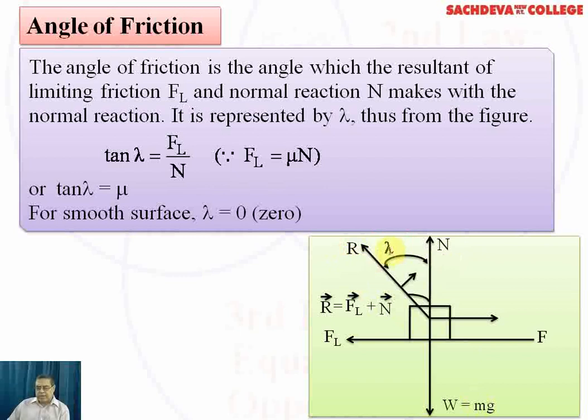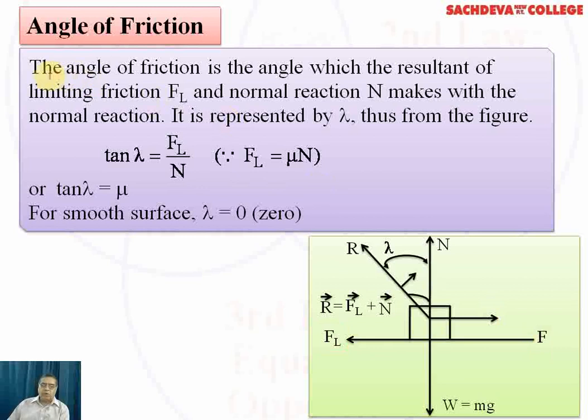So R is the resultant of the force of limiting friction and the normal reaction. FL is indicating the direction of the limiting friction. So the applied force is F and the limiting friction is opposite to F. So FL is opposite to F.